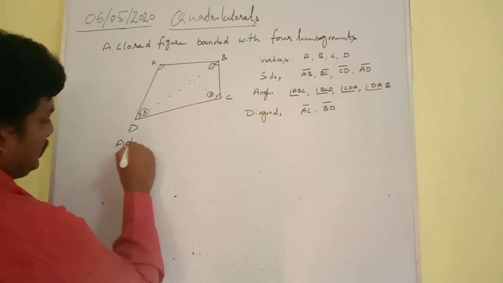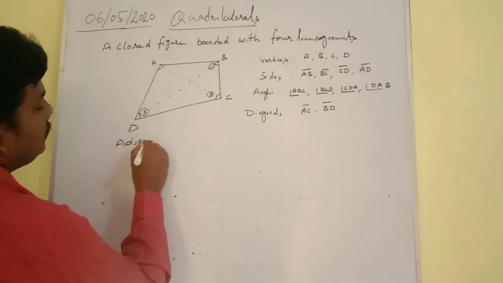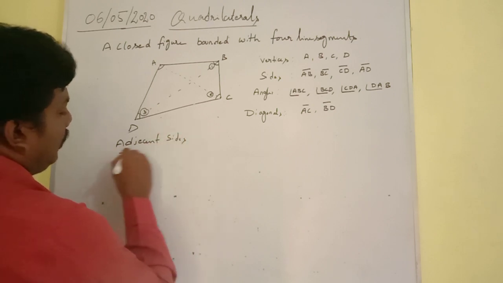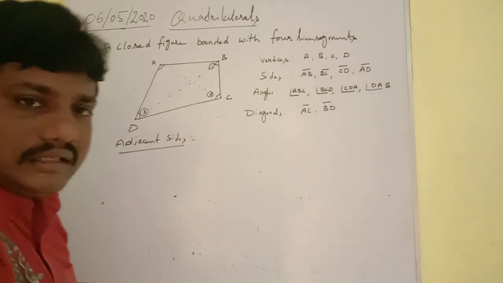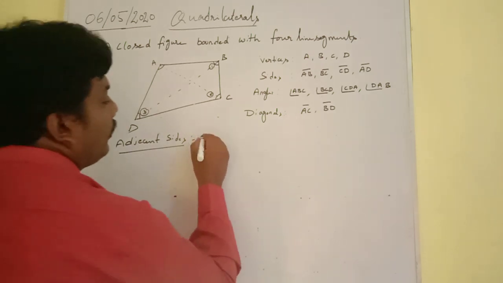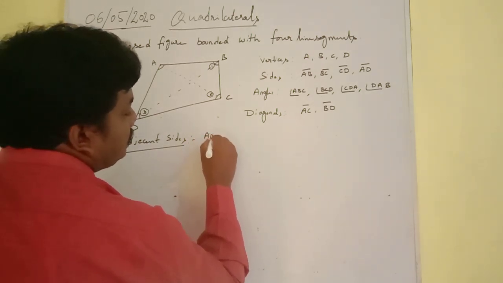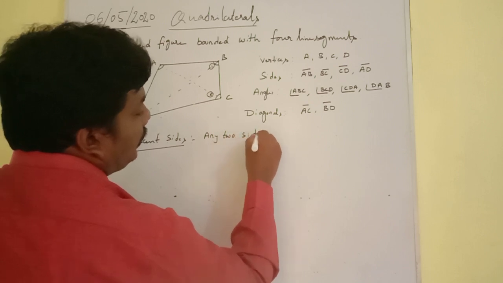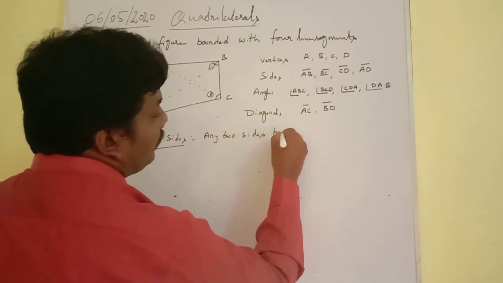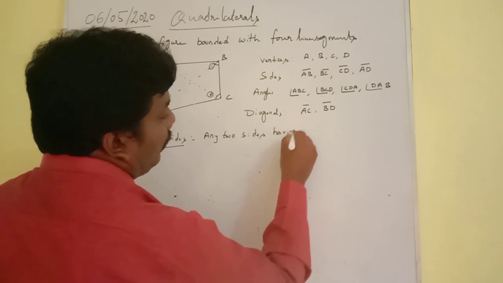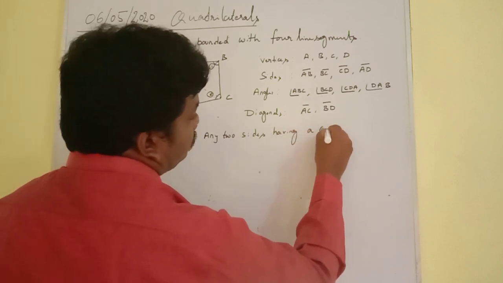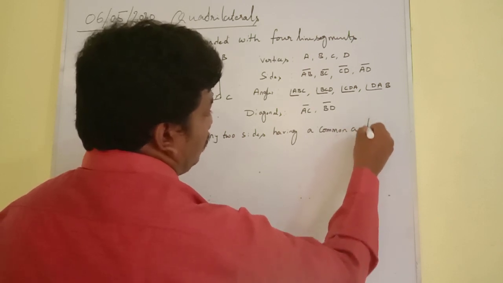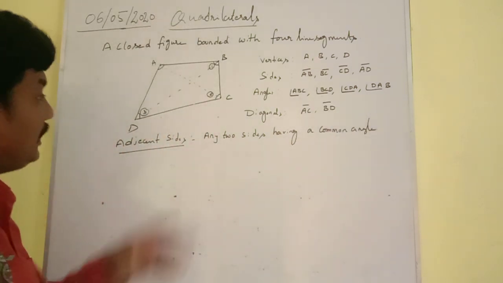What are the adjacent sides of a quadrilateral? Any two sides having a common angle are known as adjacent sides.